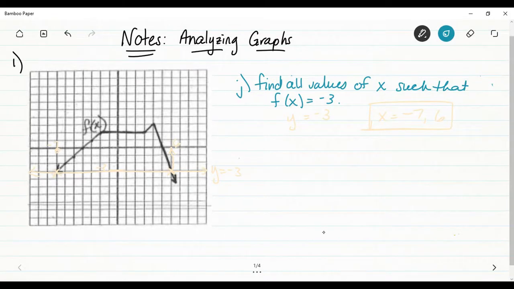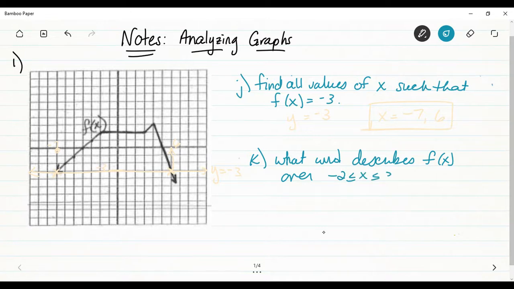To finish off this function, we want to know what word best describes f of x from the interval -2 to 3.